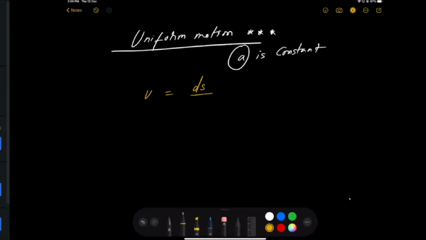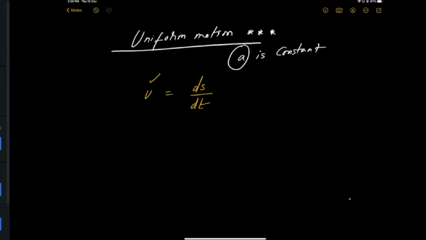So change in displacement by change in time gives you velocity. Here this is actually instantaneous velocity, because at any instant of time you can find the velocity as a function of time. What is acceleration? Acceleration is rate of change of velocity. Change in velocity by change in time gives you acceleration. Okay, so this is acceleration.